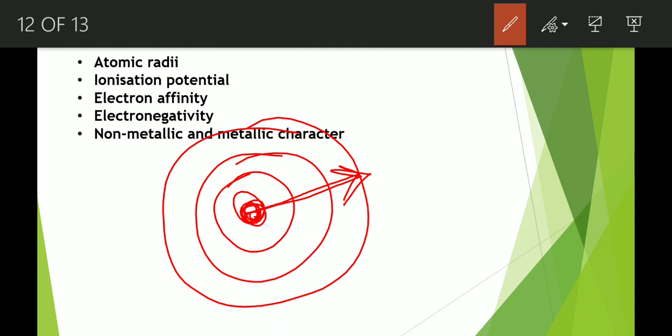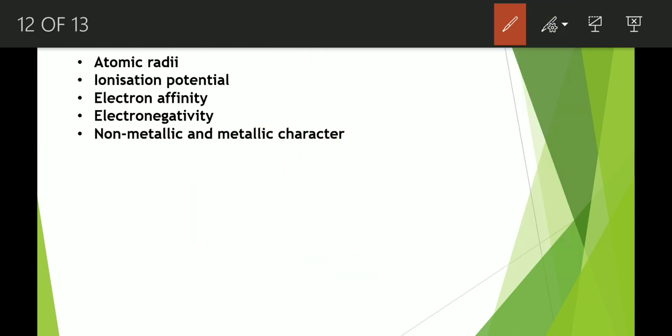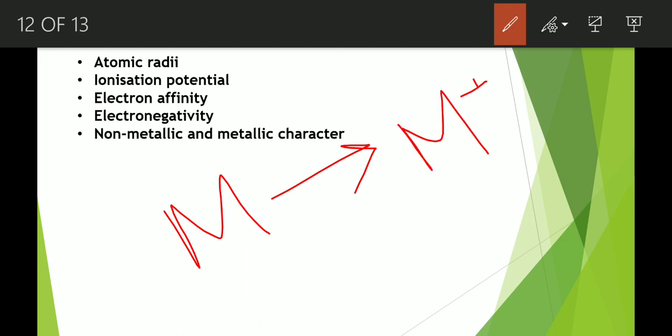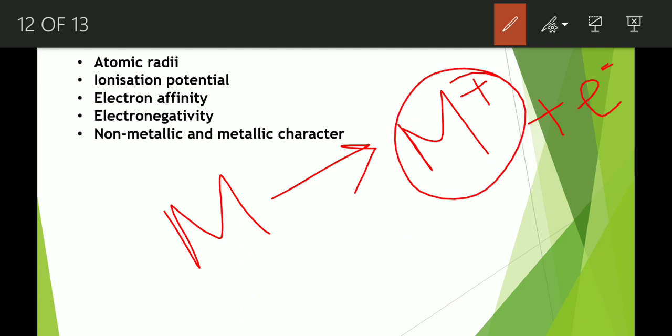Next property is ionization potential. What is ionization potential? Suppose there is an atom M, and it is donating one electron. When it donates one electron, it becomes unipositive.